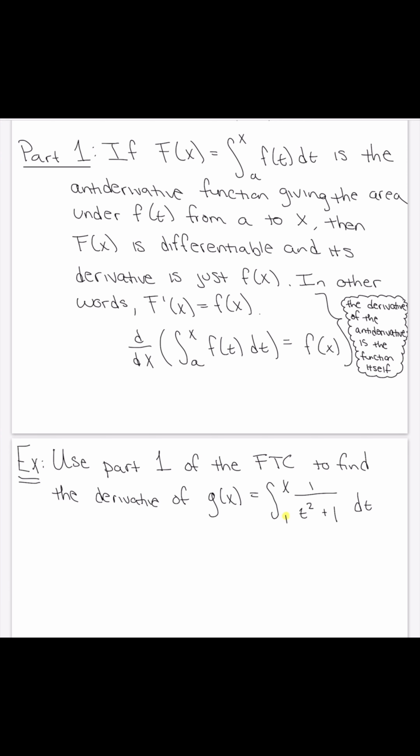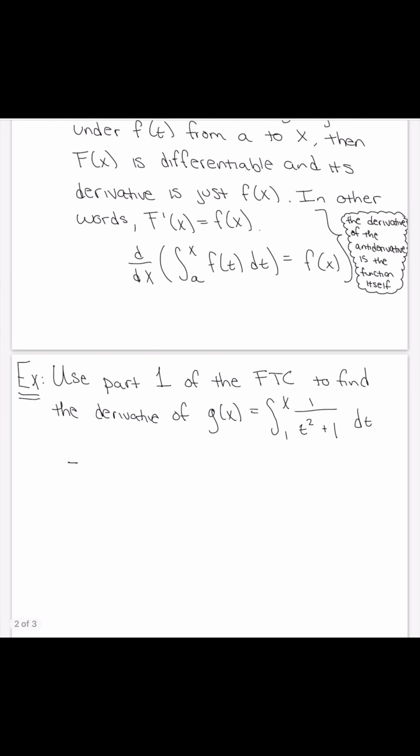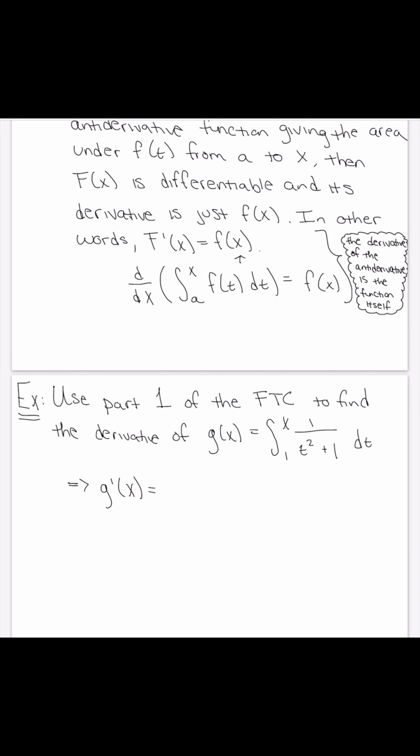So we can literally say g prime of x, the derivative of g, is equal to, all we have to do is plug in x. If we have the derivative with respect to x of this function in here, we just get whatever's in there, but with x instead of t. And that's our answer.